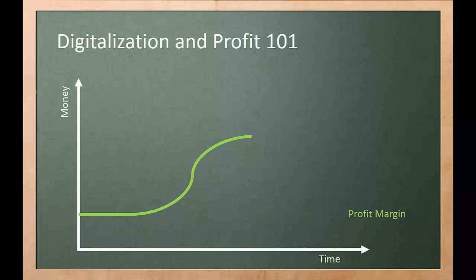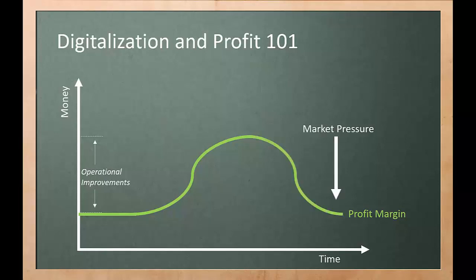This is largely due to operational improvements you do, improvements adding to your competitive advantage. In the longer run, however, more and more competitors will go through a similar journey of improvements. The market pressure will then reduce your profit margins, as more competitors are able to supply products at a competing price and cost compared to you.